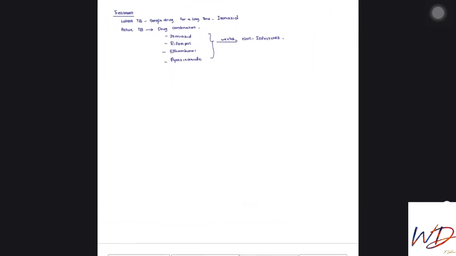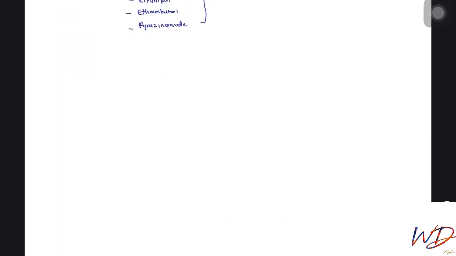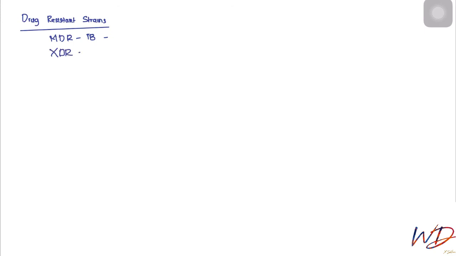Then we have the troublesome bacteria, the drug-resistant strains. For pathology, we do not need to know this, but I'm just adding it to complete the discussion. MDR TB, multi-drug resistant TB, or extremely drug resistant TB.